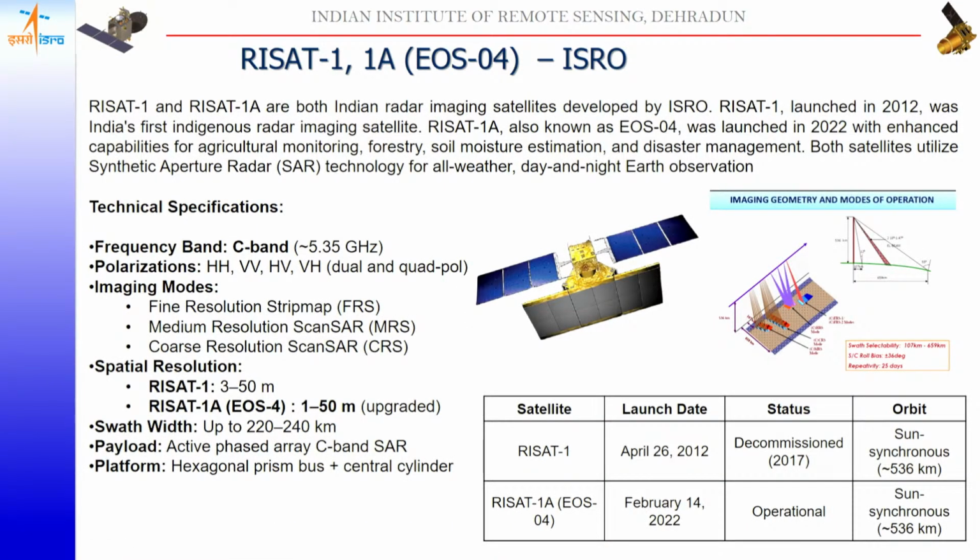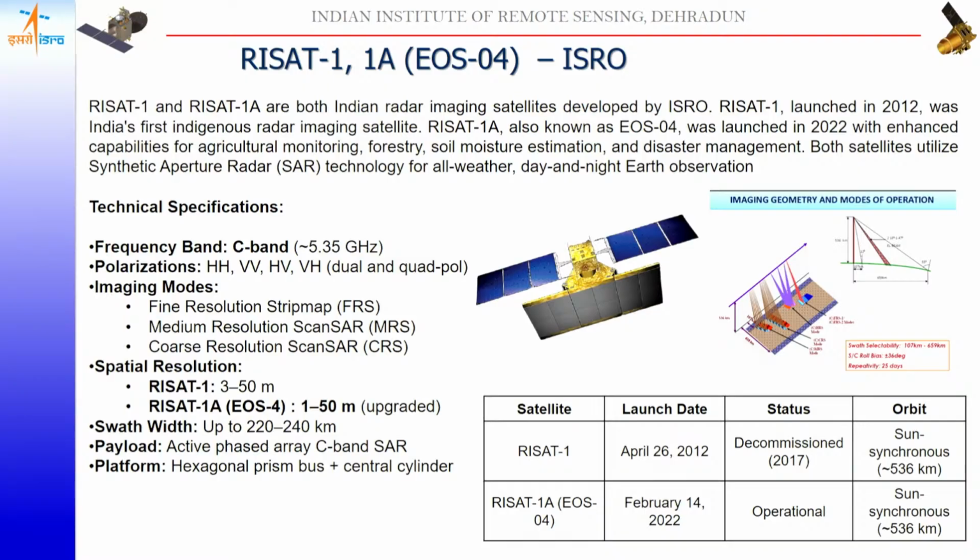Now ISRO has C-band satellites in the form of RISAT-1 and 1A. RISAT-1 was launched in 2012 and decommissioned in 2017, and after that the follow-on mission was RISAT-1A, also called EOS-4. EOS-4 is Earth Observation Satellite 4.